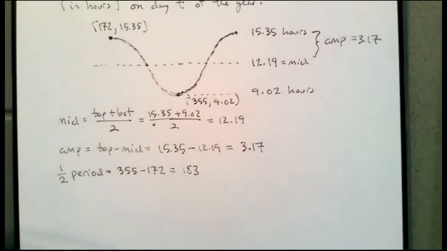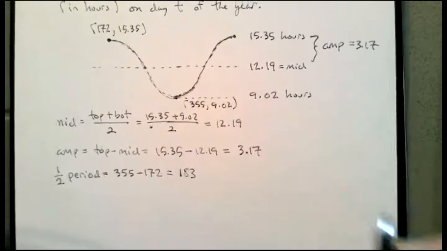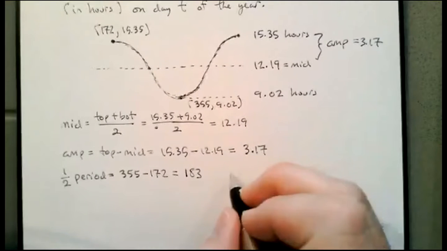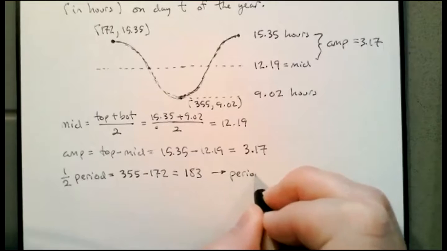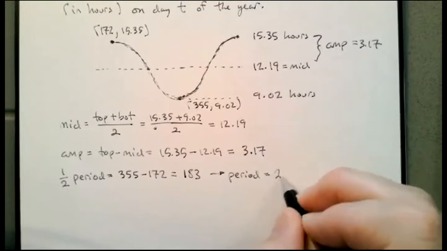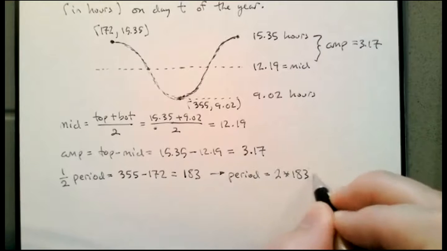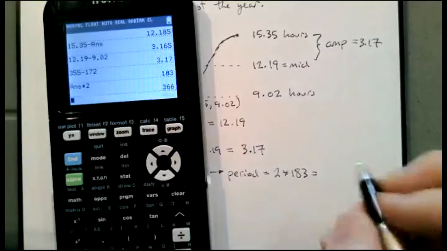If we double this, that will give us one whole period. We should expect this to be about a year, so we should expect we're going to get 366. So one period is 2 times 183, which is 366.